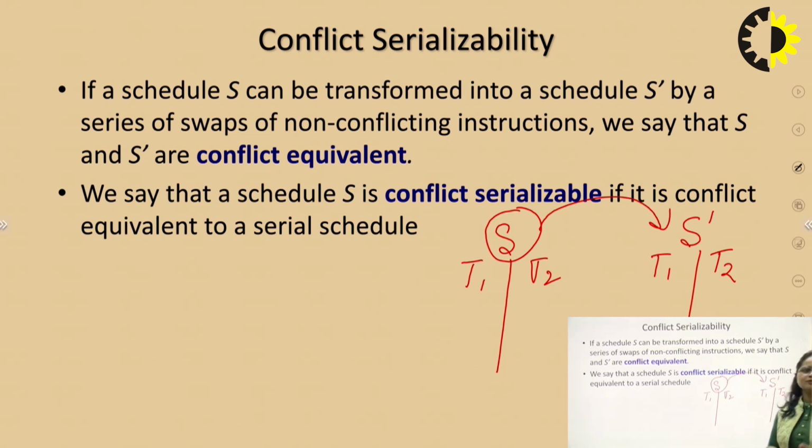How can it be transformed? With a series of swaps of only non-conflicting instructions. That is how we create conflict equivalence. We say that a schedule S is conflict serializable if it is conflict equivalent to a serial schedule.